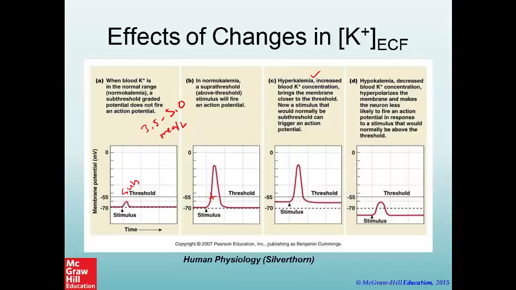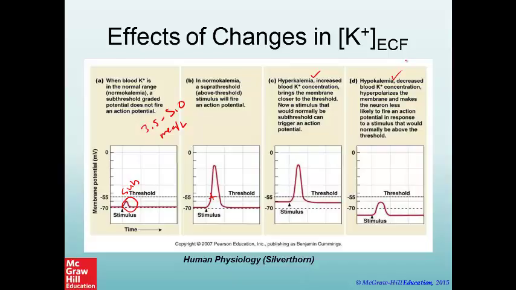So this subthreshold stimulus, which would not generate an action potential under normokalemic conditions, under hyperkalemic conditions may generate an action potential. So you're going to end up in hyperkalemia with things like muscle spasms, maybe even tetanus, because of this increased excitability of these cells.